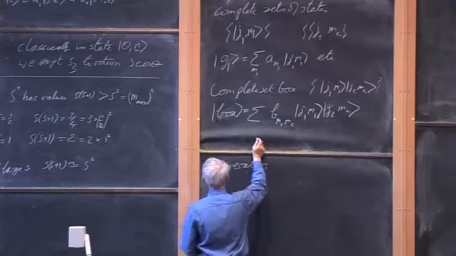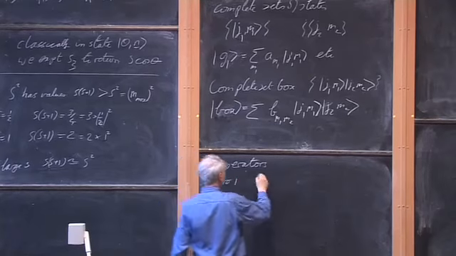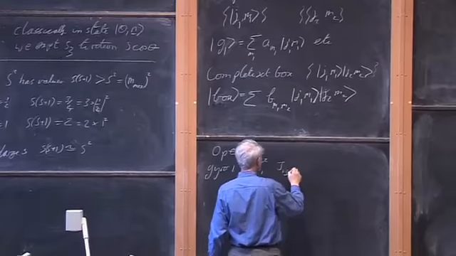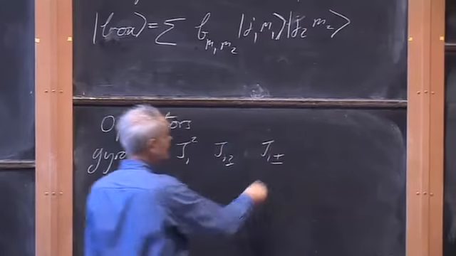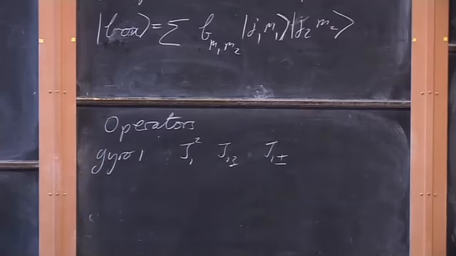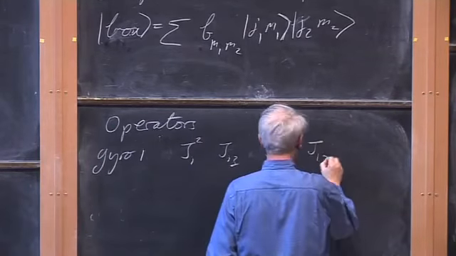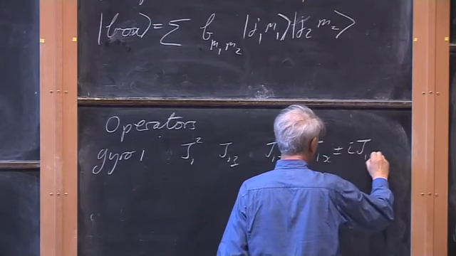Well, for gyro 1 we have J1 squared, we have J1z, and we have J1 plus and J1 minus, the raising and lowering operators, where J1 plus or minus is equal to J1x plus or minus i J1y.